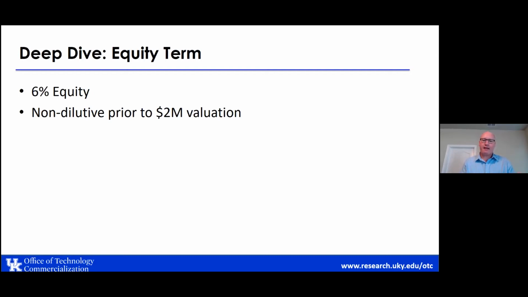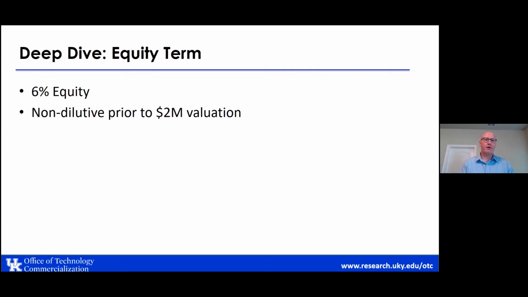So what does that mean? What that means is that when the company raises a funding round, there's a valuation put on the company. This doesn't mean somebody has invested $2 million into your company. It means they've made an investment in your company based on the company being worth $2 million.